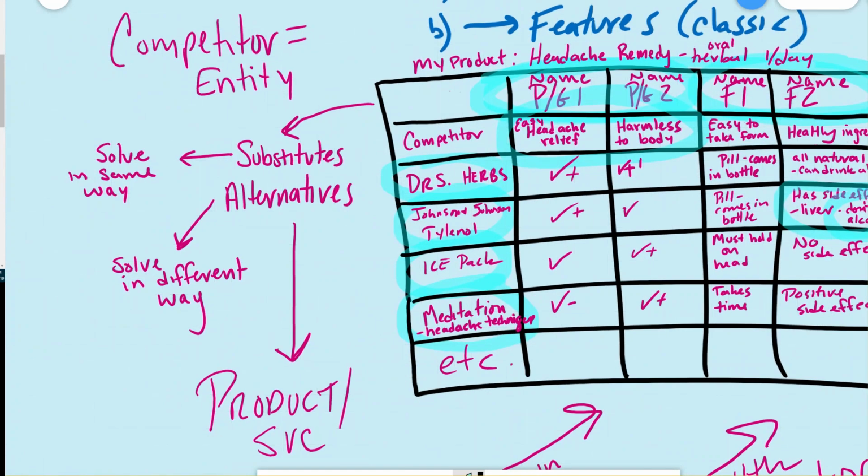A substitute would solve it in the same way. So the Tylenol is a pill. It's basically solving it in the same way. Take this pill, your headache's gone. Whereas the alternatives, you solve it in a different way, but it still results in relieving the pain or giving the gain, like the ice pack or the meditation that's solving it in a different way, but it's still trying to address that same pain or gain.